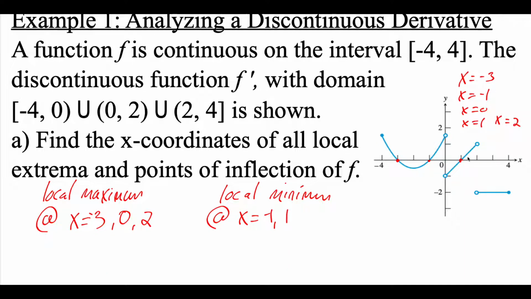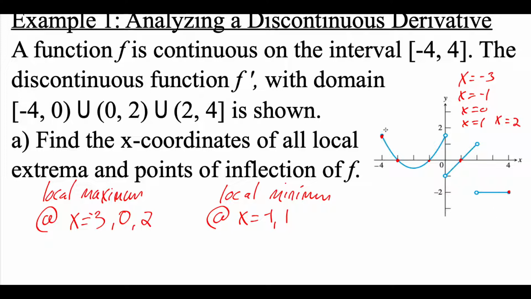So those are the places where we can see extreme values from sign changes in the graph, but there's going to be a couple more extreme values. And what we need to look at is, because this is a closed interval for the domain of our original function, we also need to check the endpoints. So we need to look at what's happening at the end value of -4 and also what's happening at the end value of +4.